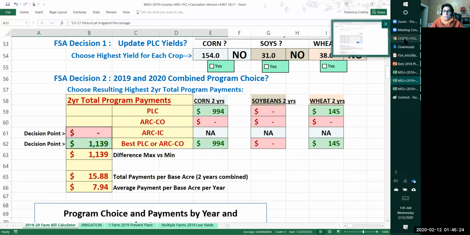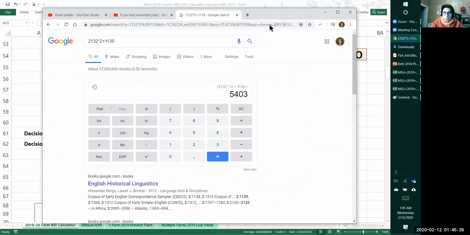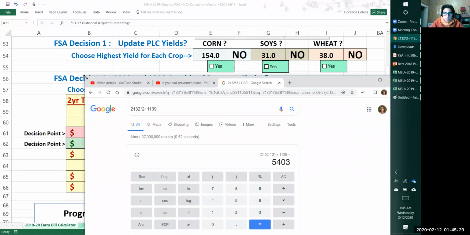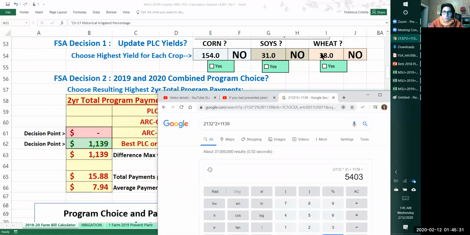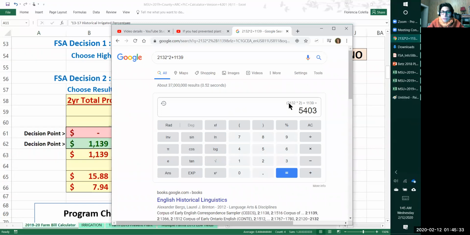So in the situation where you have a farm, if you notice here, I have done the math. If he has two farms that pay $2,132 through the ARC IC program, and one farm that pays $1,139 through the PLC program, his total payment for the three farms for the 2 years is $5,403.